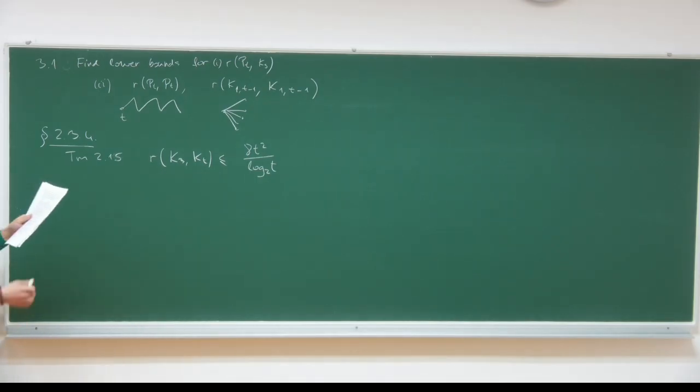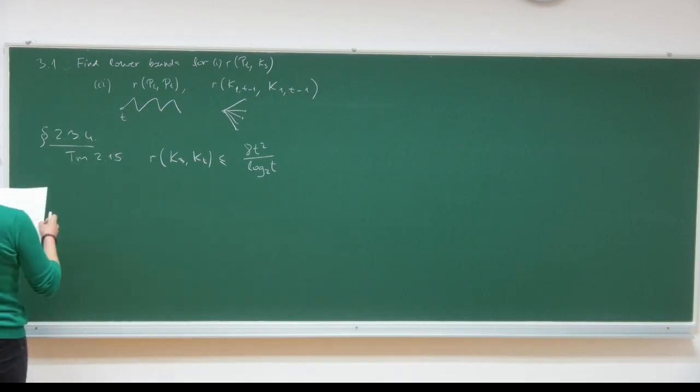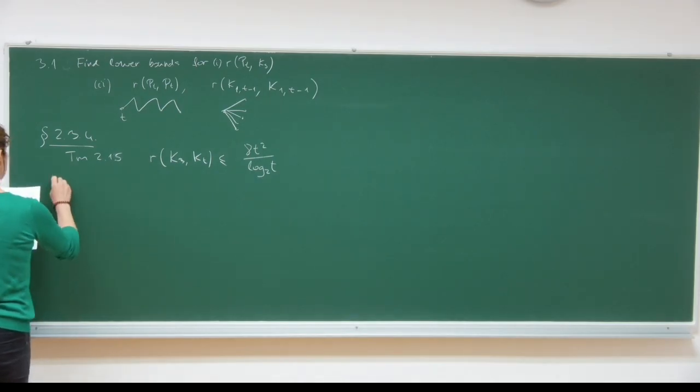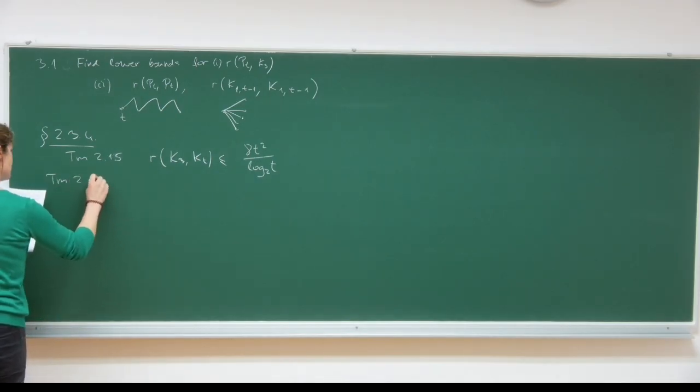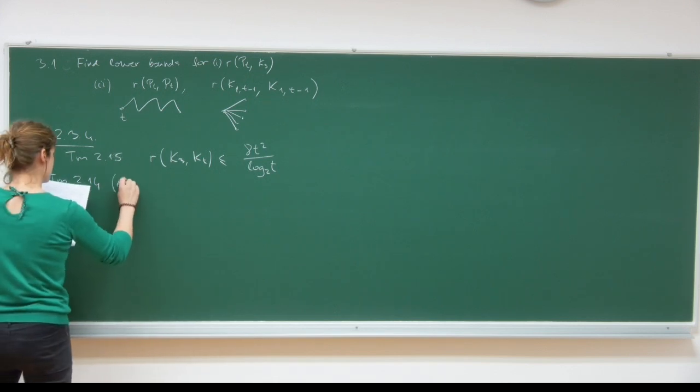Okay, so today we're doing upper bounds, and we reduce this through the theorem of Ajtai, Komlós, and Szemerédi, theorem 2.14, AKS.